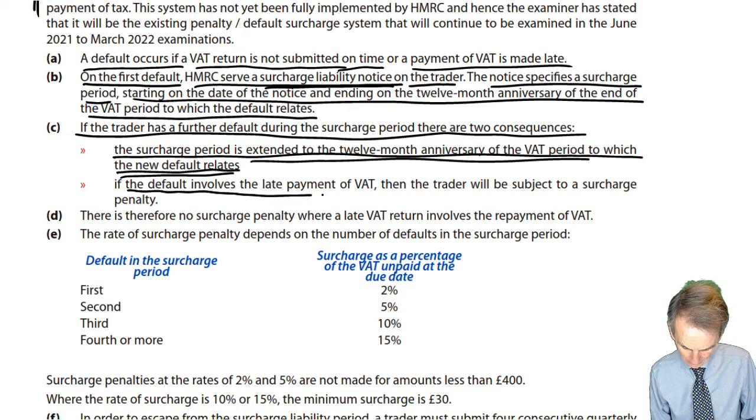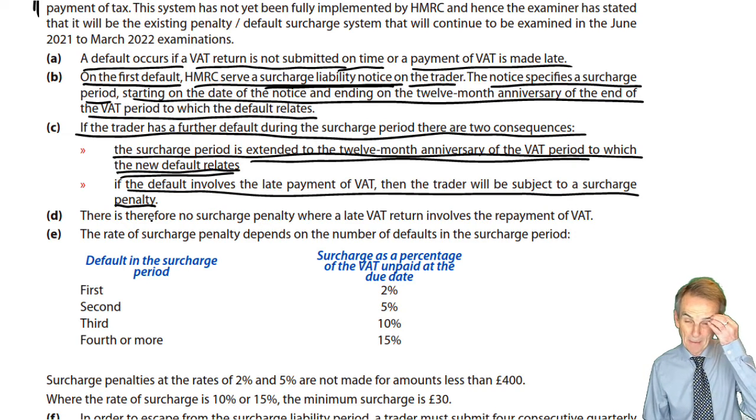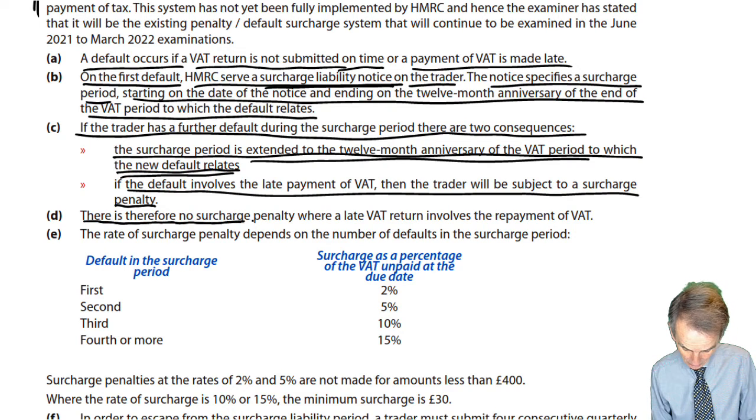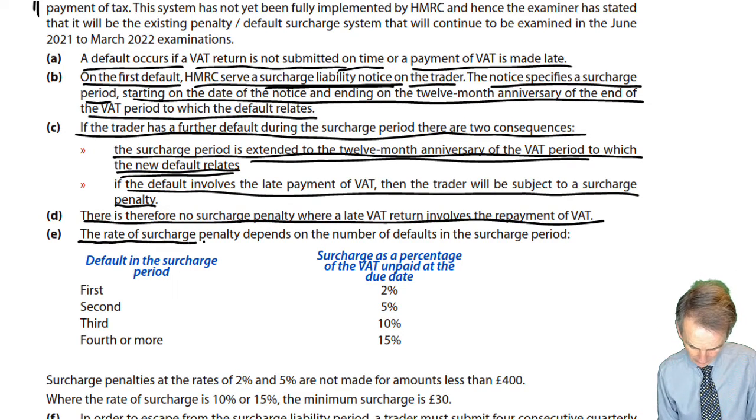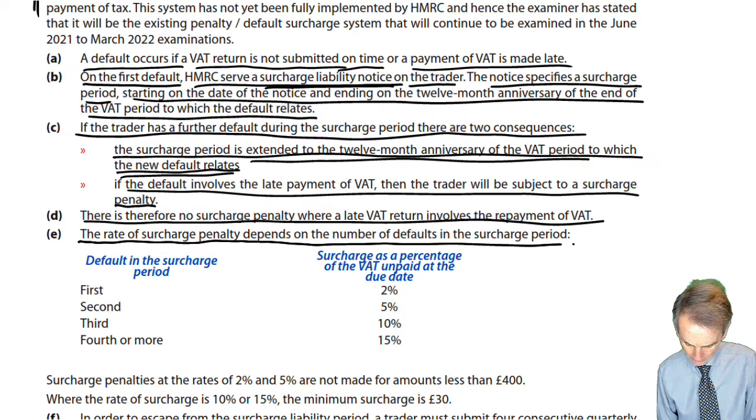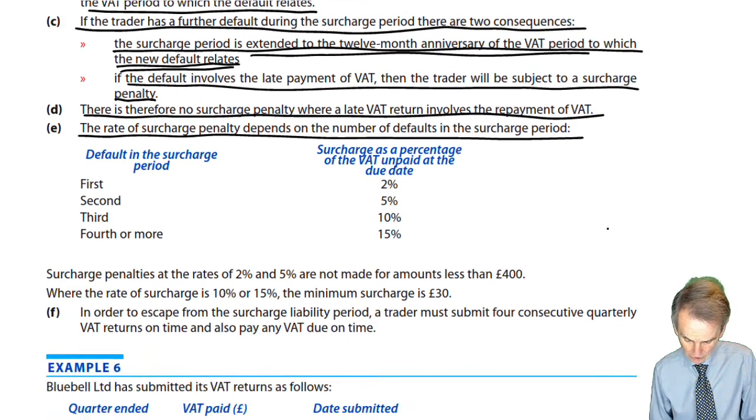If the default involves the late payment of VAT, then the trader will be subject to a surcharge penalty. If you're late paying, there's a surcharge penalty, and it's going to cost you. There is therefore no surcharge penalty where the late VAT return involves the repayment of VAT. But if we owe them, then yes, it's going to involve a surcharge. The rate of surcharge penalty depends on the number of defaults in the surcharge period.